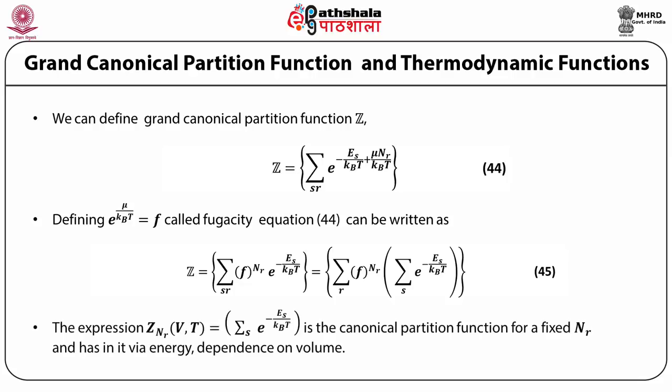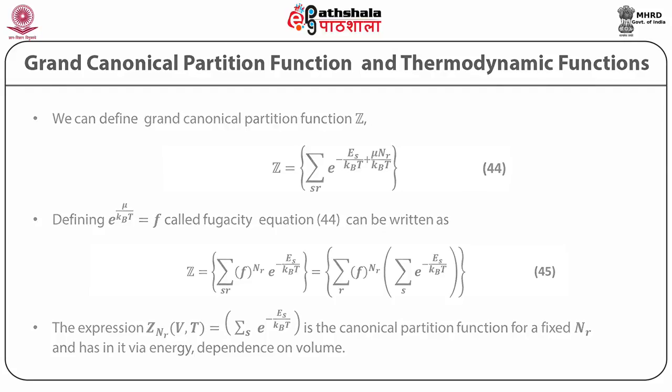The expression Z of Nr, V, T is equal to the summation over s of e raised to the power minus Es upon kBT, which is the canonical partition function for a fixed Nr and has in it, via the energy, a dependence on volume.